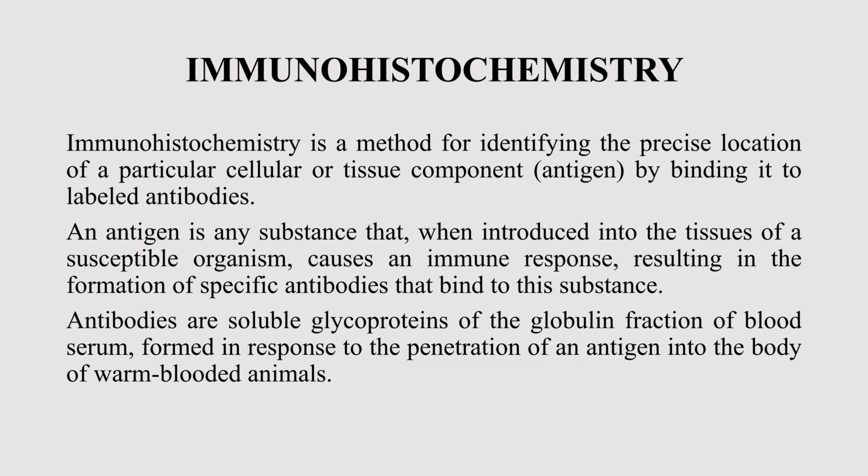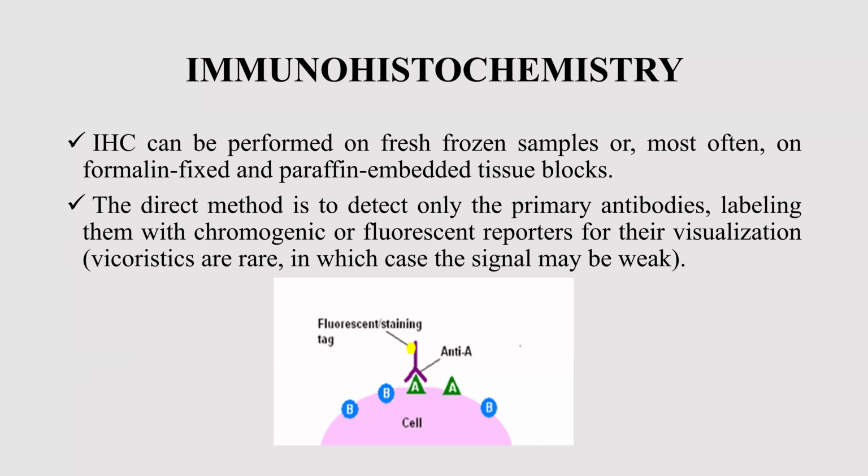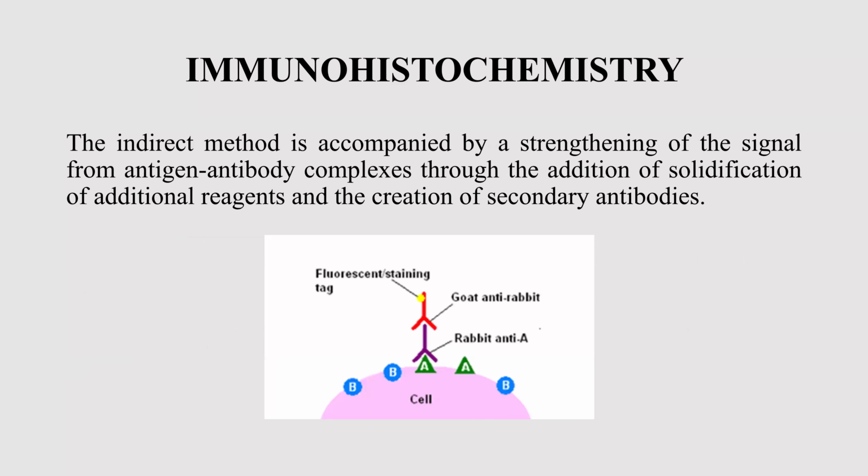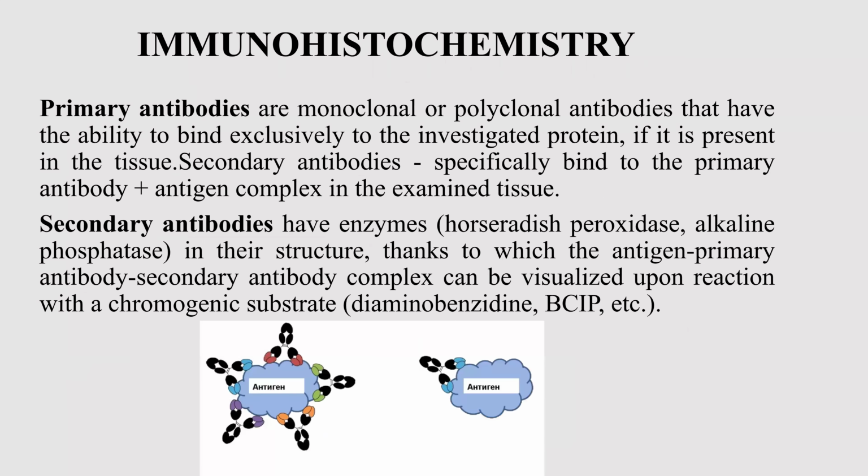It helps us intensify the signal and see clearly whether the reaction is true or false. Primary antibodies search for their specific antigen in tissues, and secondary antibodies react with primary antibodies, building a tower so we can see it under the microscope in case of a positive reaction.